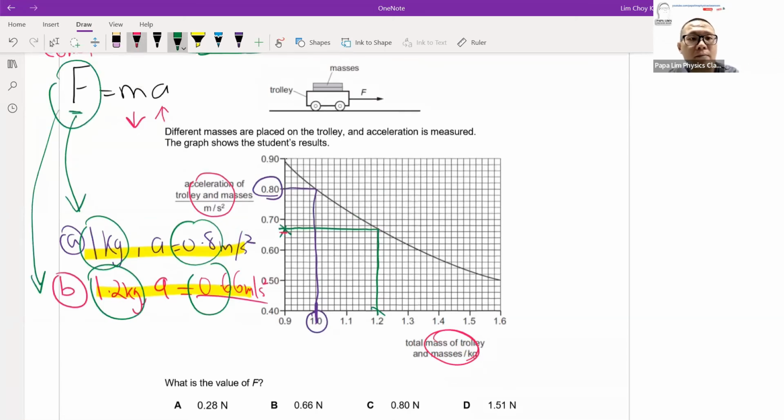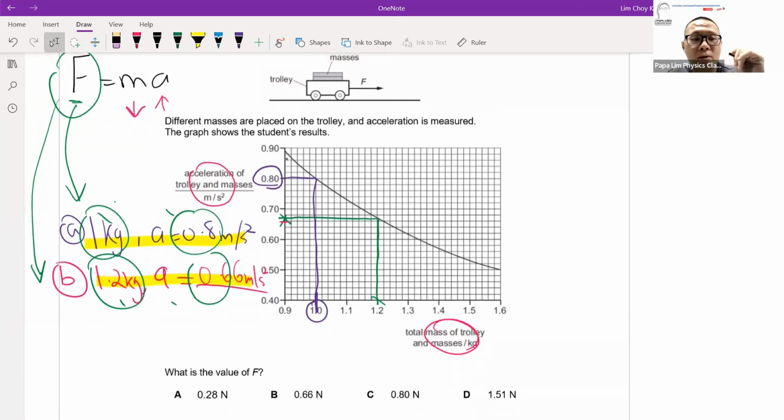Meaning, based on the formula, if you multiply the mass and the acceleration for both cases, they will give you the same number. We are looking at different values of mass and acceleration, but the constant among all these numbers is that they always have the same force applied onto the object itself.